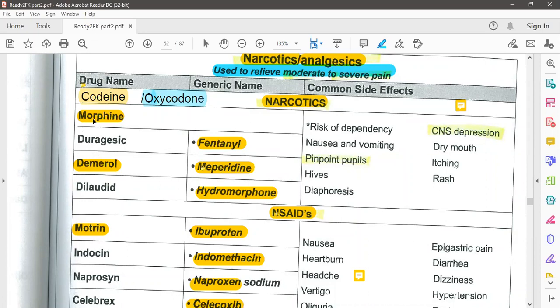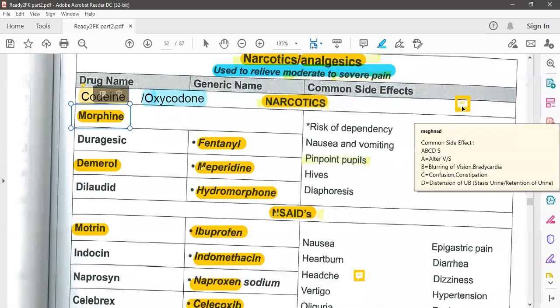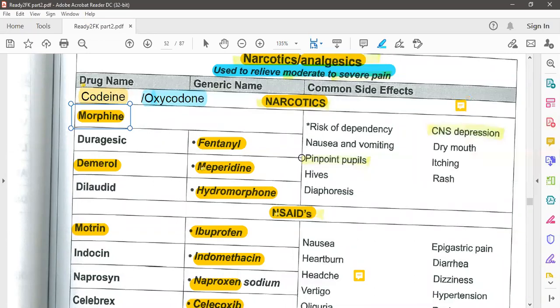First one is morphine. Morphine is a very strong agonist, but it has some side effects. Before giving the patient morphine, we have to check the respiratory status.